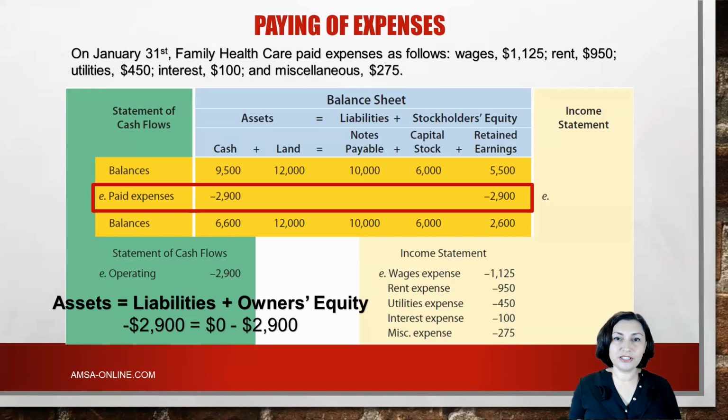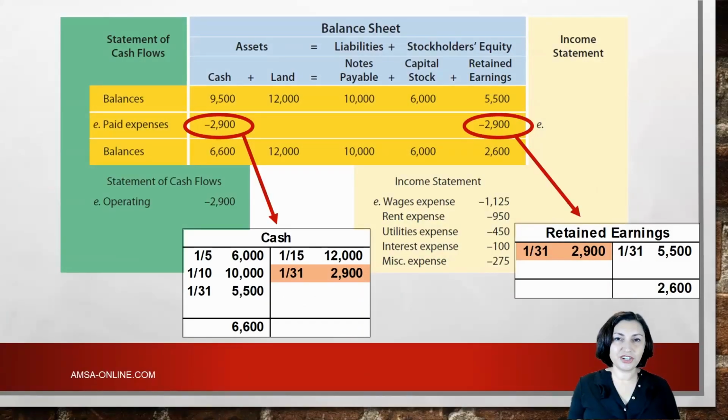Will retained earnings account increase or decrease? The company paid for expenses, which means that cash decreased and the retained earnings account is decreased as expenses decrease retained earnings. The cash account decreased by $2,900. Decreases in asset account are shown with a credit.